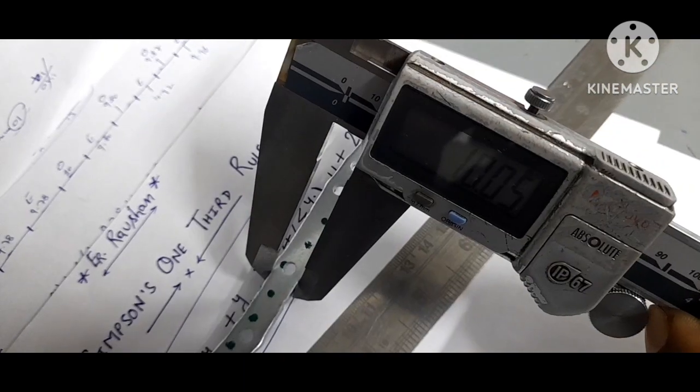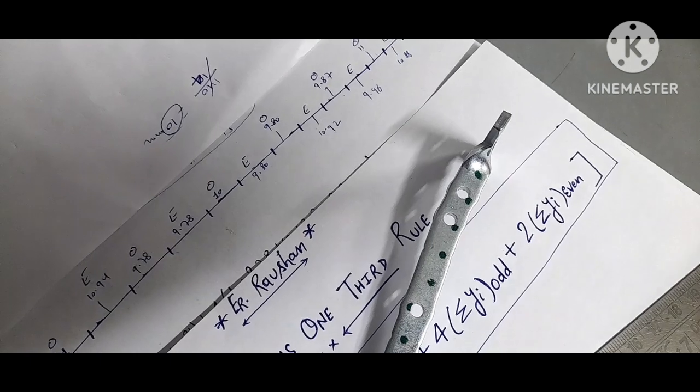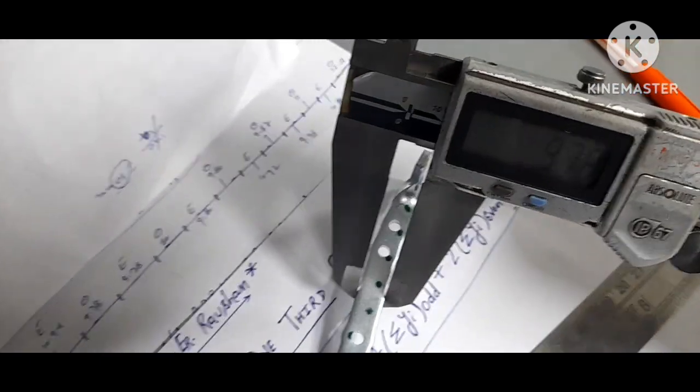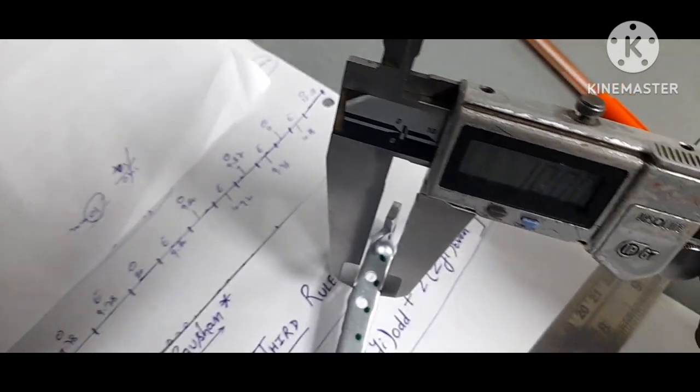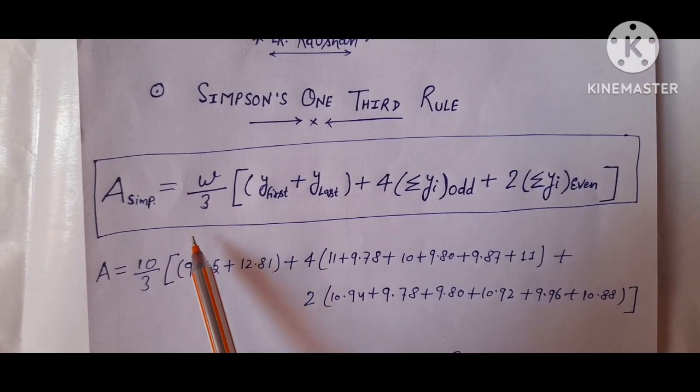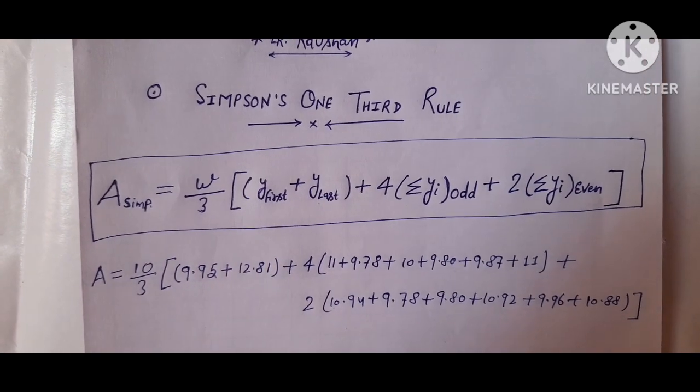Here some values are measured by this vernier like this, 9.78, 10 mm. We are trying to find the area of this twisted link.